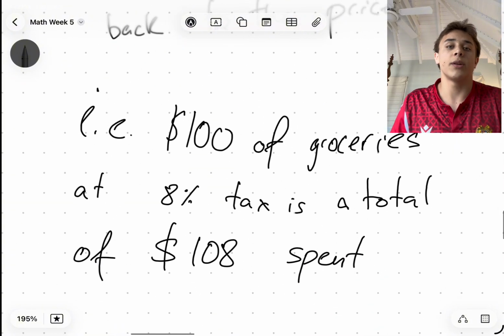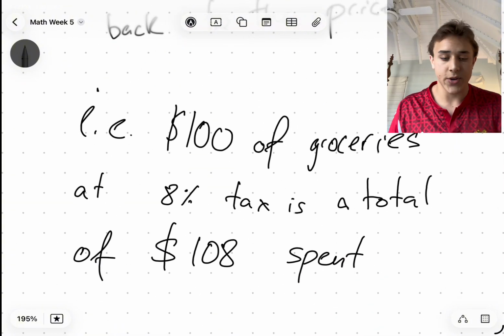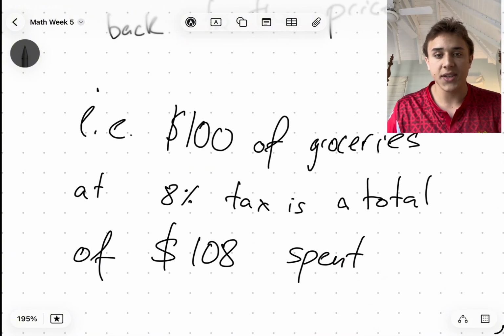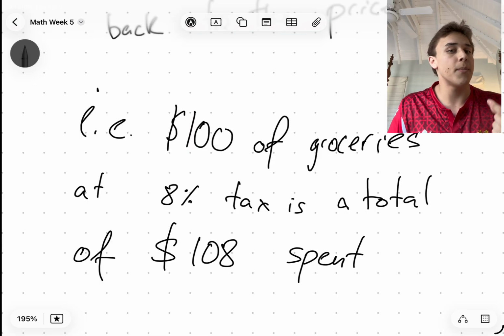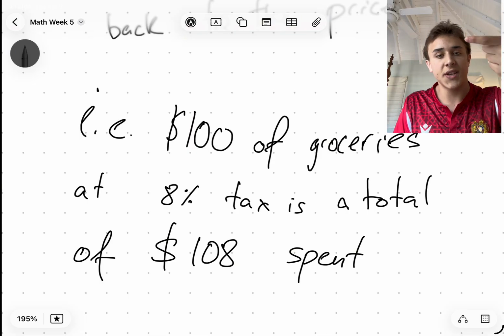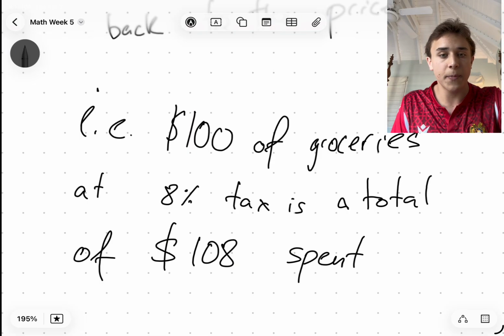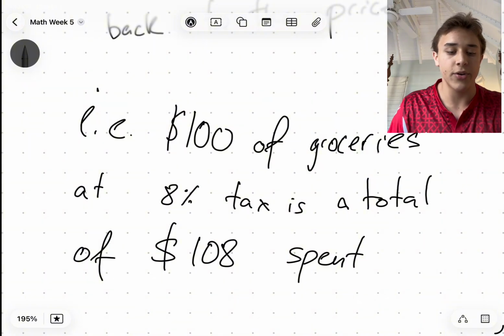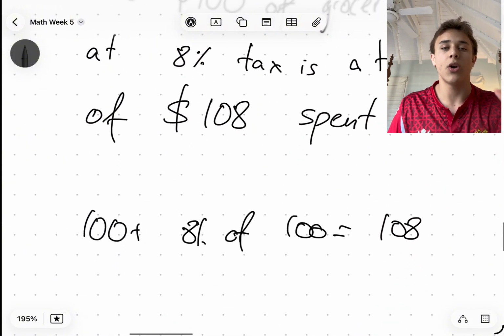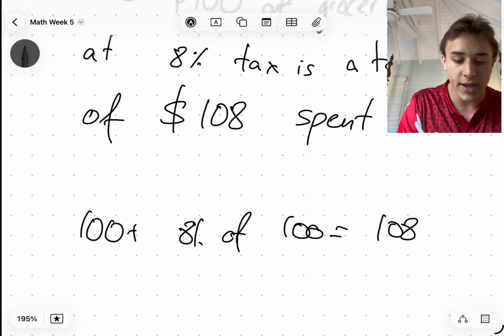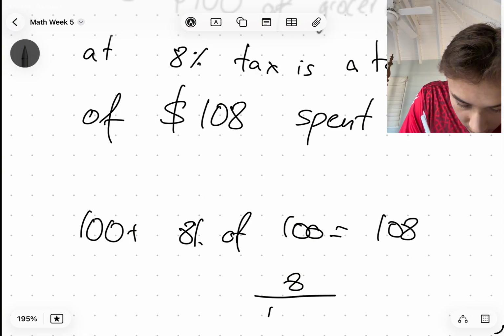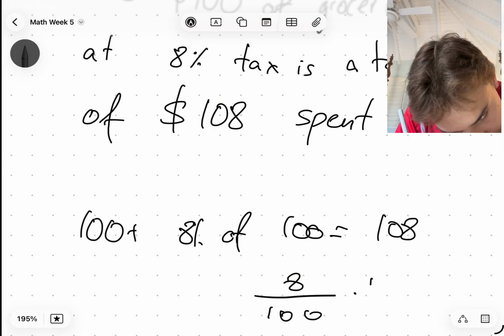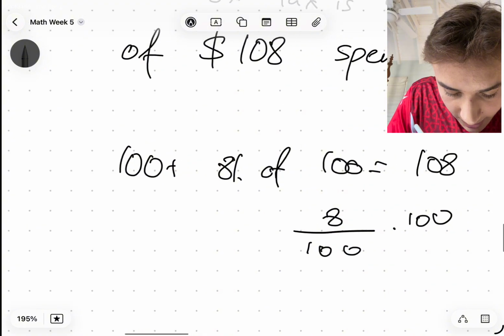So if you were to buy $100 worth of groceries, and the sales tax was 8%, the total amount you would spend on the groceries and the sales tax would be 100 plus 8% of 100, or just 108, because 8% of 100 is 8 over 100 times 100, which is just 8.